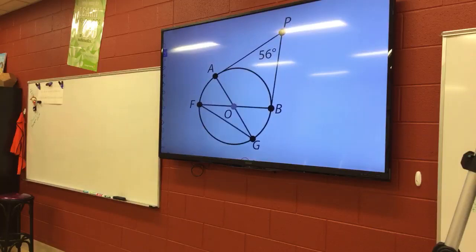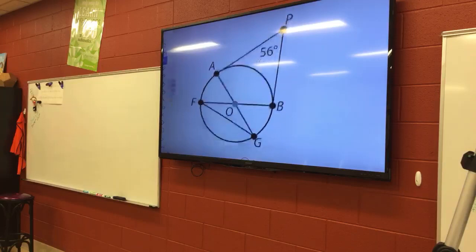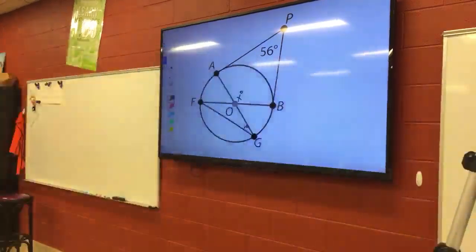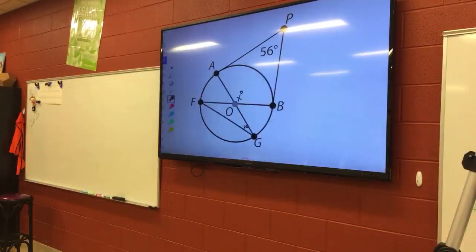It wants you to find this angle. I'm going to put a Y there, and that angle. Do you see them? I made them in black, but do you see them? It's 14 and 15 on page 811.